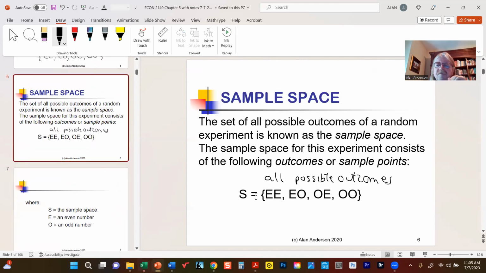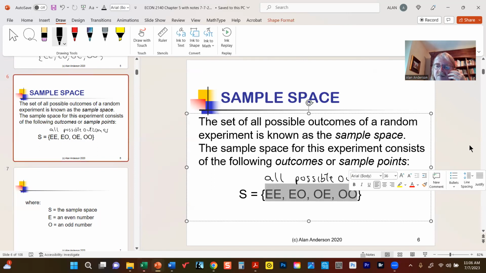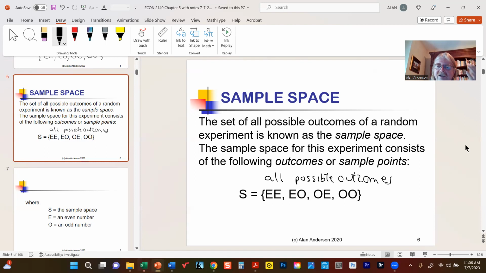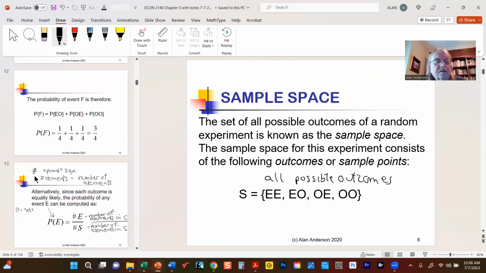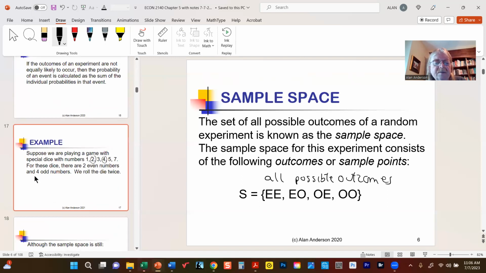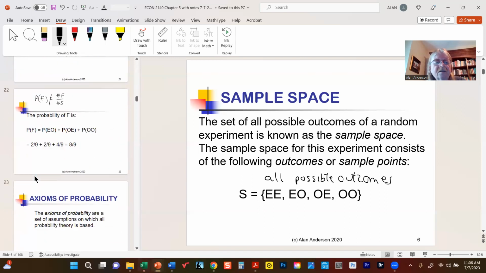Here it is. If I roll the die twice, something in here has to be true. It's not possible for anything else to happen. So no matter how you look at it, the probability of all of these added up must be 1. If you add up all the outcomes in a sample space, it's going to add up to 1.